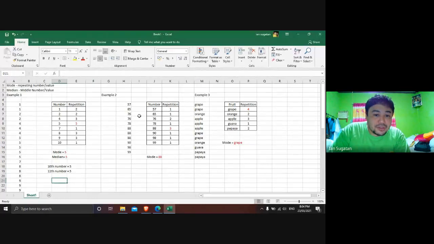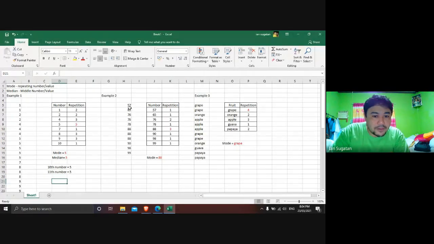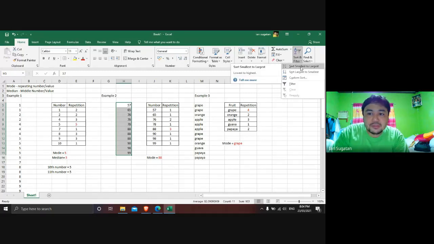Okay, ang second natin example here, this one, is even. So 1, 2, 3, 4, 5, 6, 7, 8, 9, 10, 11. Pero guys, importante gid nga dapat naka-filter siya nga sort smallest to largest.